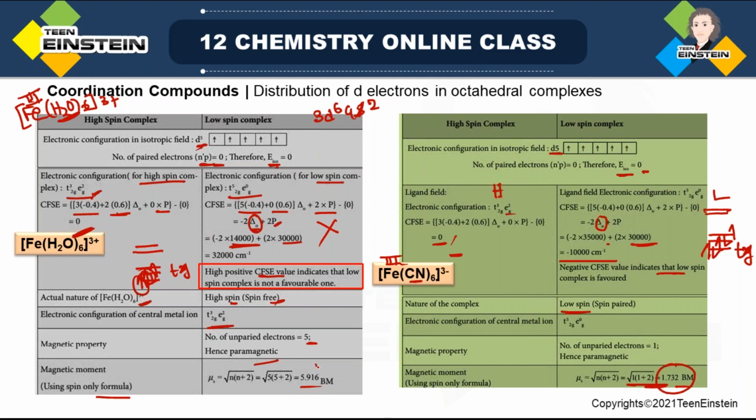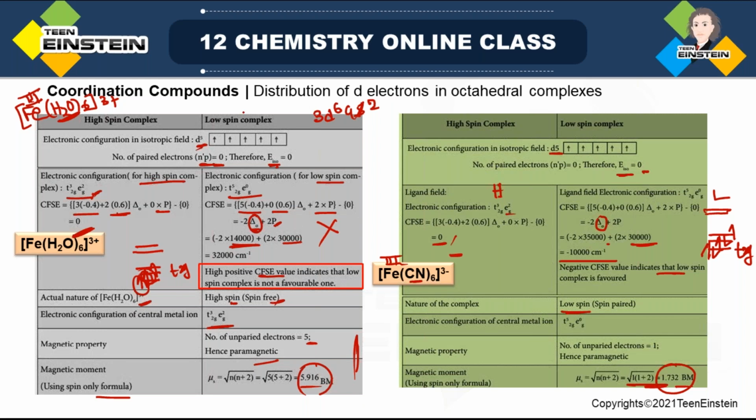So from Bohr magneton unit, that is a value that we have found for magnetic moment, that clearly suggests that higher is the number of unpaired electron, higher will be the magnetic moment. So paramagnetism is very high here, that is in case of water complex, but paramagnetism nature is less in case of cyano. So the difference between these two, is it clear?